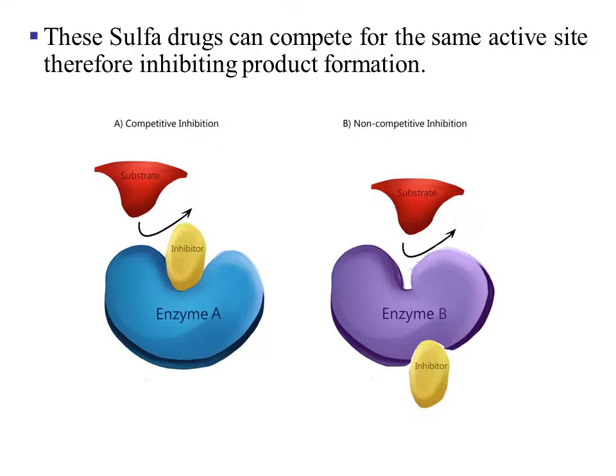These analogs for PABA have the ability to compete for the same active site that PABA competes for. Therefore, if the sulfur drug binds, it will inhibit the production of the dihydrofolic acid. In the picture, the analog would be the inhibitor in image A. The substrate would be PABA.